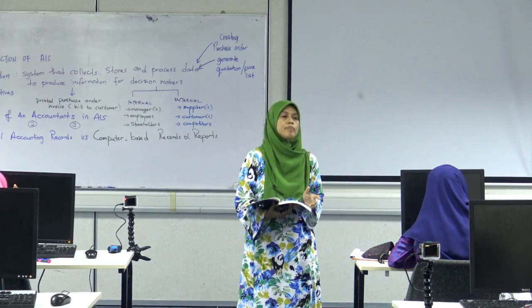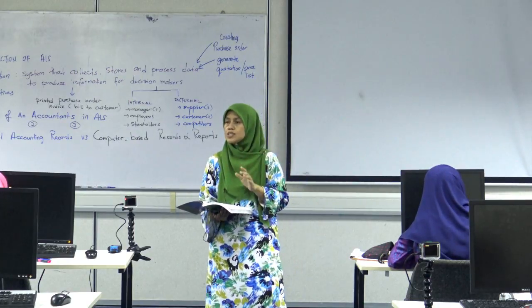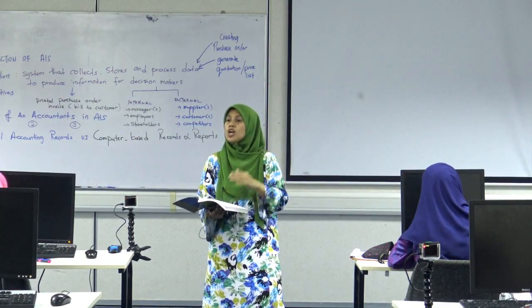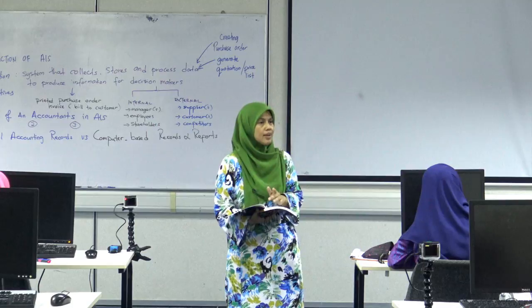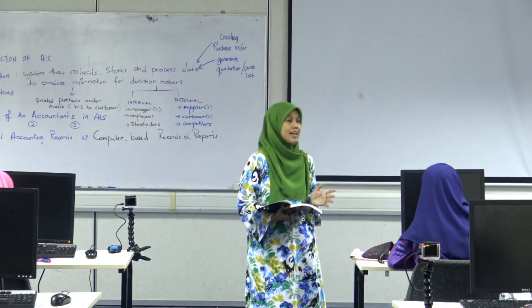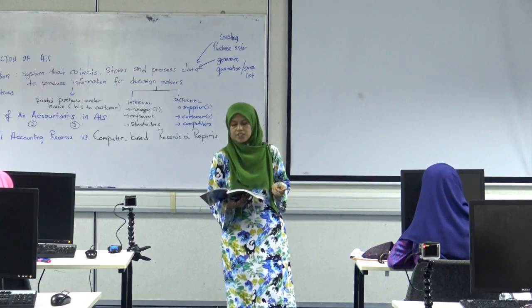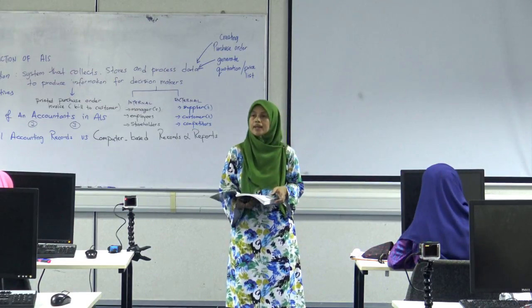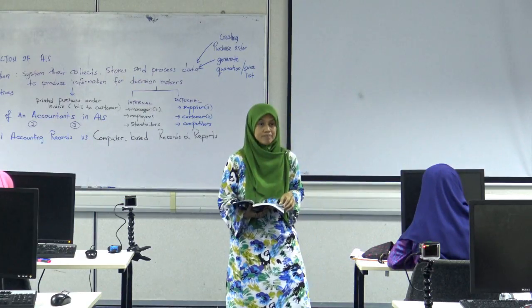So that's another example of decision making done through the information provided by the system. You can go to the system, check the balance of your petty cash. Then after that, you replenish the amount. How do you replenish the amount? You issue a check, a transfer from your bank to your petty cash. So that would be another example of decision making by internal decision makers supported by the accounting information system, specifically a computerized system.